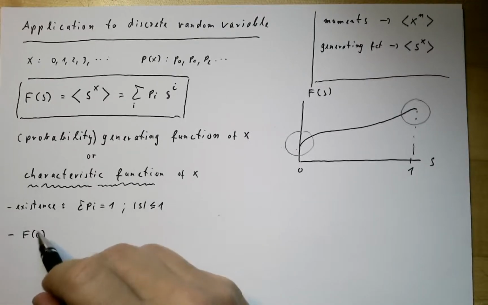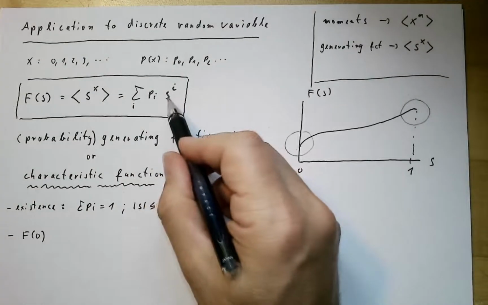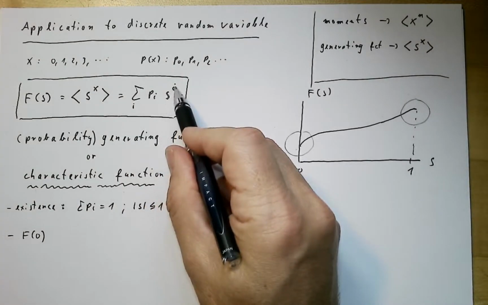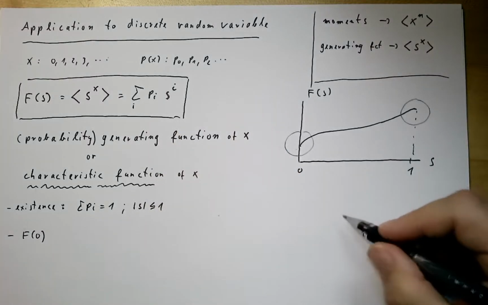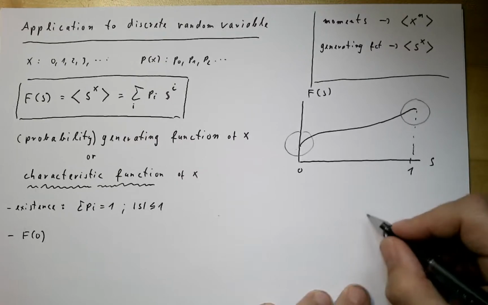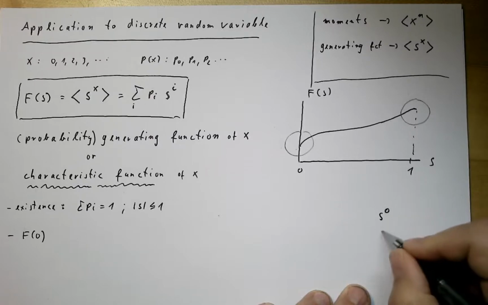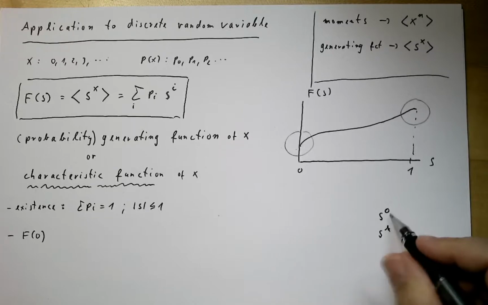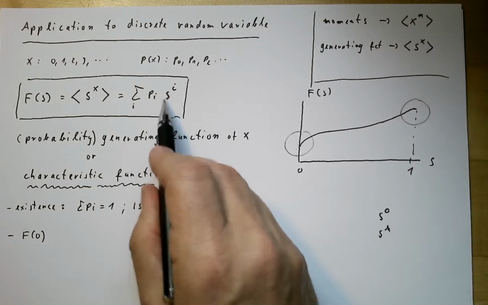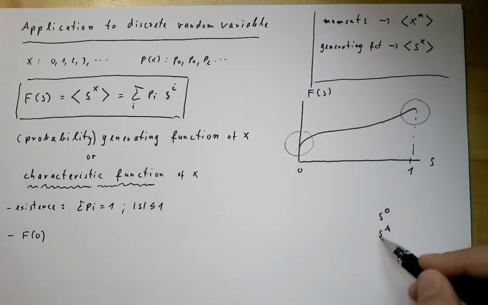We have to put in 0 here, so we have either 0 to some power. We have terms s to the power 0, or s to the power k, where k is not equal to 0, because we put in 0 for s.